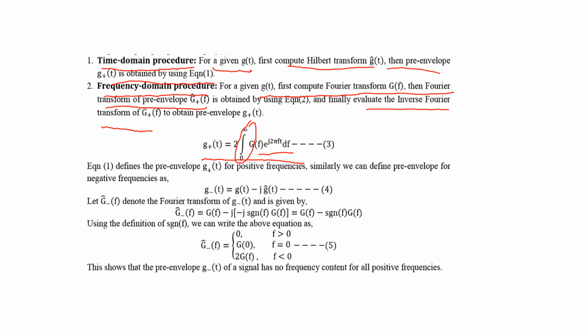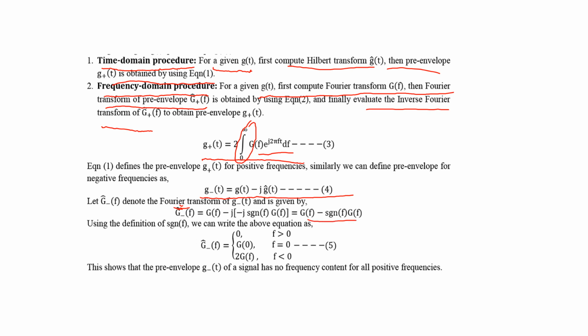In the case of the negative signal, g minus of t is equal to g of t minus j g cap of t. So g minus of f is equal to g of f into minus j signum of f into g of f.